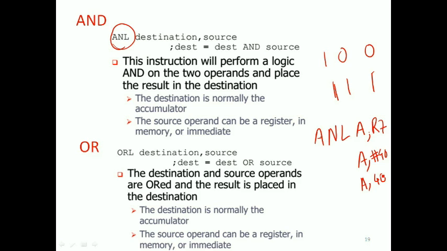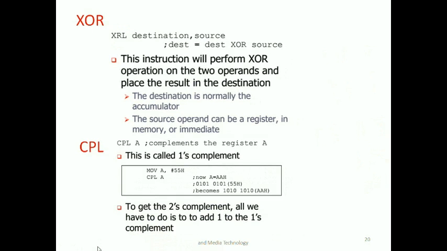The same idea follows for EXOR also. For the EXOR operation, you have XRL as the EXOR logic mnemonic, with destination and source registers. The destination register is normally the accumulator, and the source register is again one of the registers in the register bank, one of the memory locations, or even an immediate data.